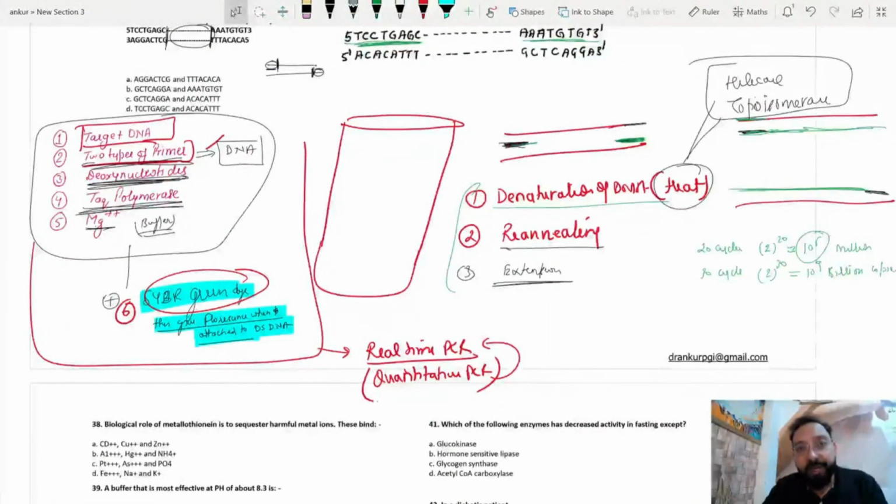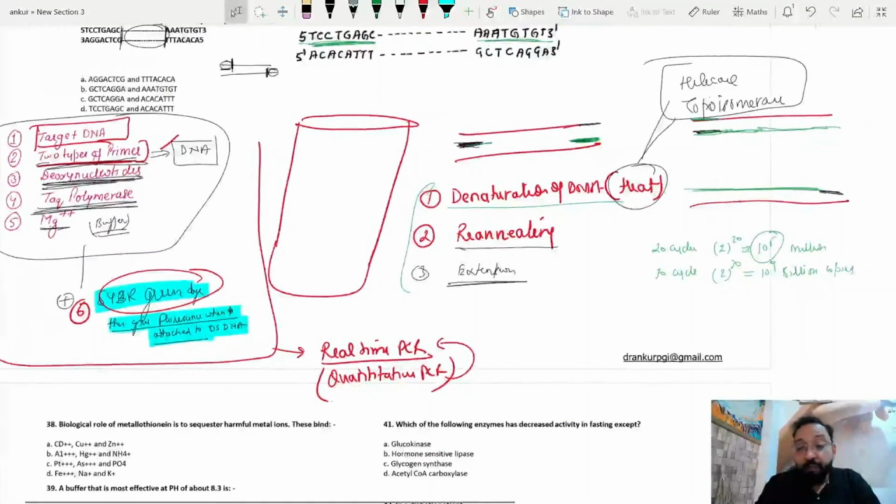As this PCR goes from 1 to 2 copies, the double stranded DNA binds cybergreen and fluorescence increases. 2 to 4, 4 to 8, fluorescence increases. At any point of time, if I ask how much DNA has been synthesized, you will look at the intensity of fluorescence and tell me the concentration of DNA synthesized till now. It means you are quantifying the result. That's why it is quantitative PCR, and you are monitoring the PCR in real time, that's why it is a real time PCR.